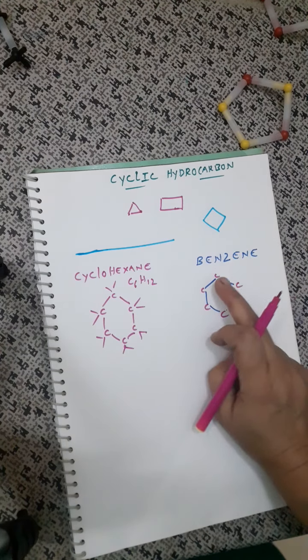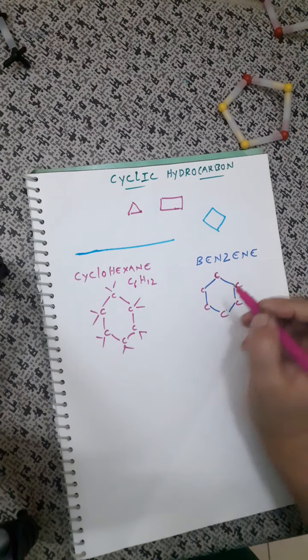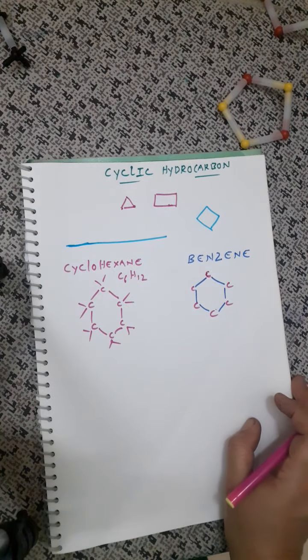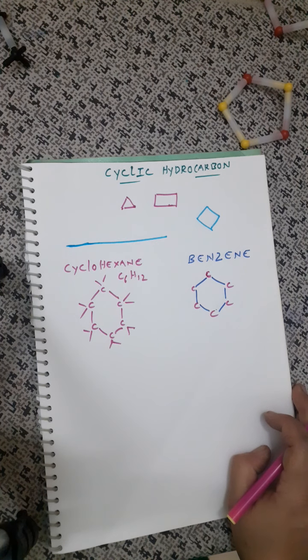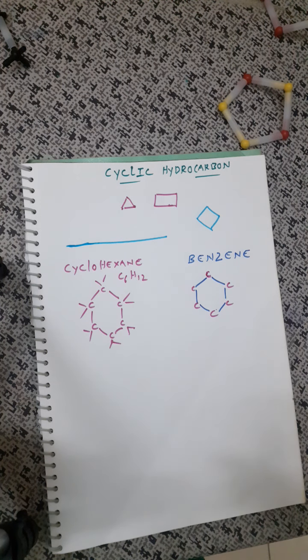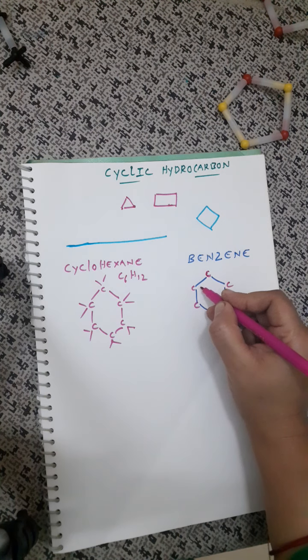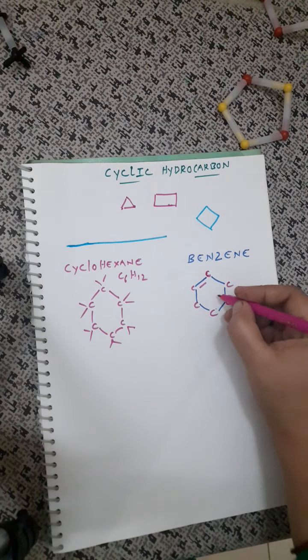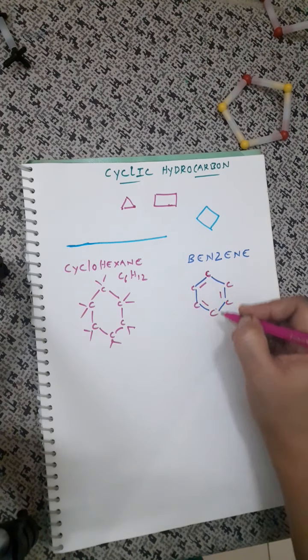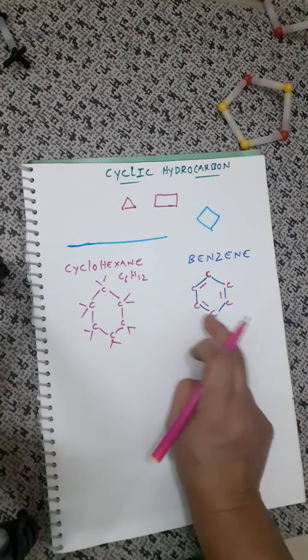Now, this benzene is a special kind of aromatic hydrocarbon, about which you will be learning more in detail in the higher classes. But remember, aromatic means which will give beautiful fragrances. Okay, not beautiful, which will emit some smell. So, aroma. Now, let us see, in this case, there would be a double bond existing at each alternate carbon-carbon link.